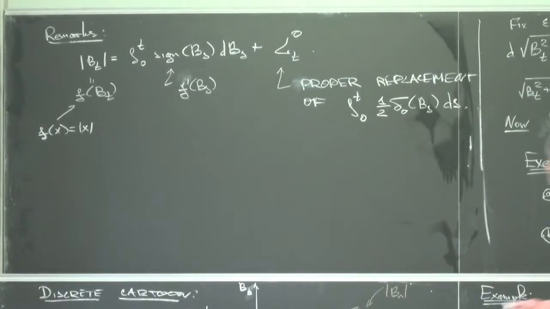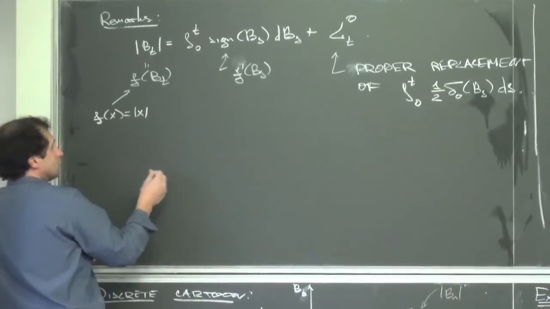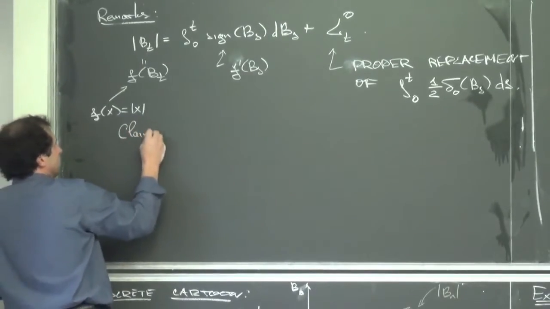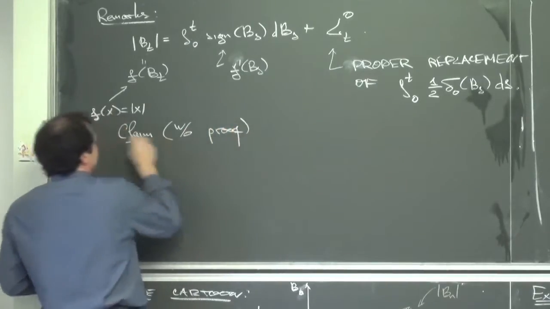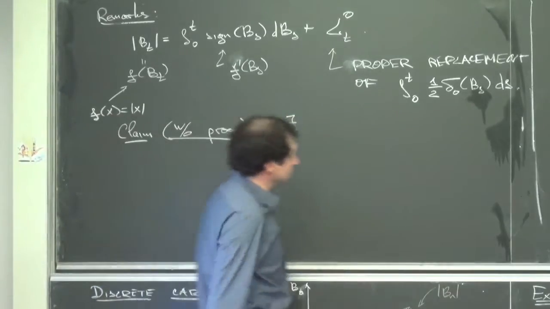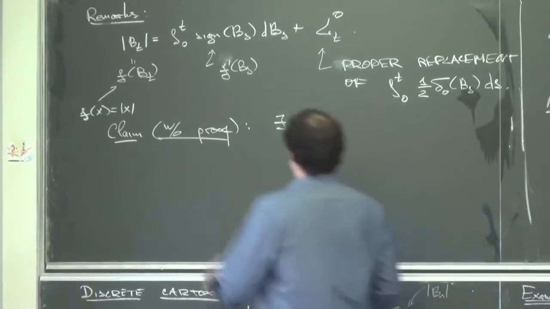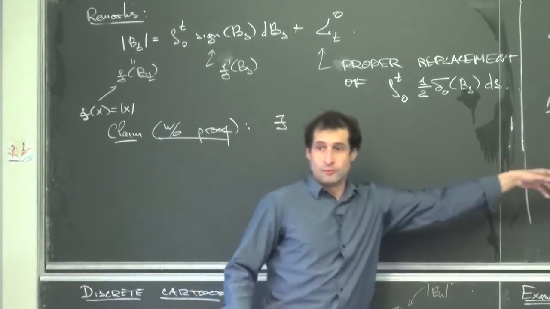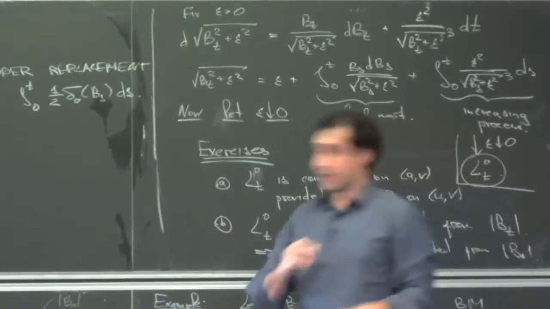And moreover, just a claim without any proof. One can push this route further and define not only the local time at 0, but the local times at all the levels simultaneously.